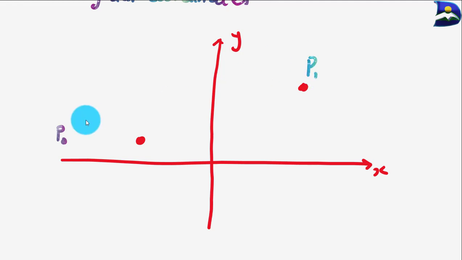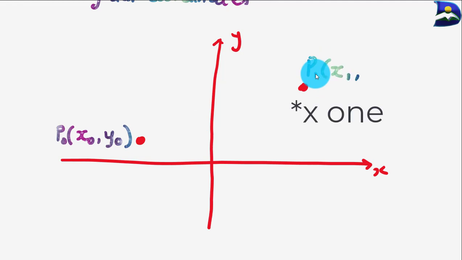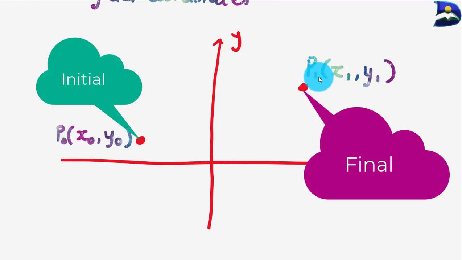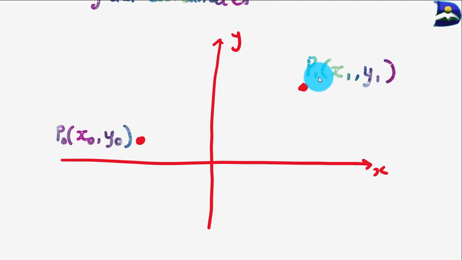So P naught here has the coordinate x naught, y naught, and for P1, of course, you should recognize it to be (x1, y1). You can also highlight P naught as the initial point and P1 as the final point. So whichever way works for you, that is absolutely perfect.